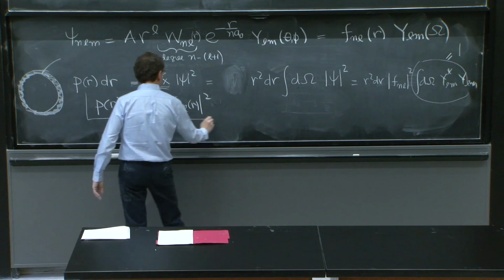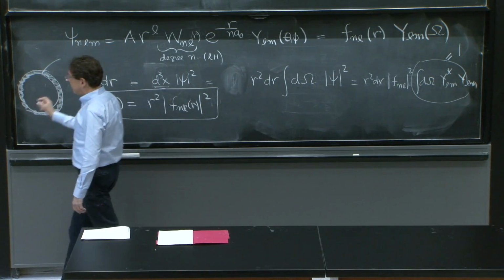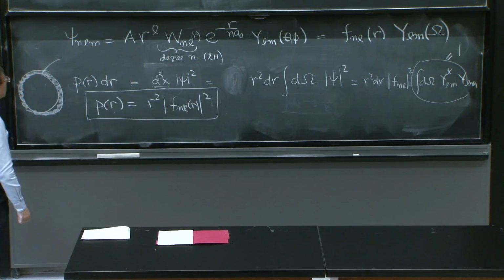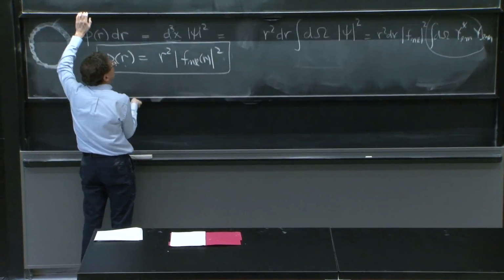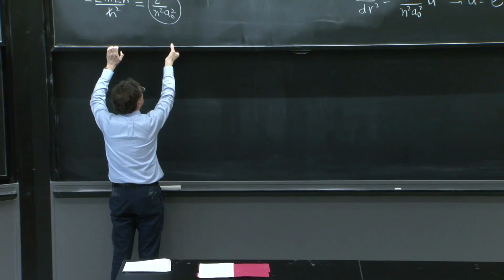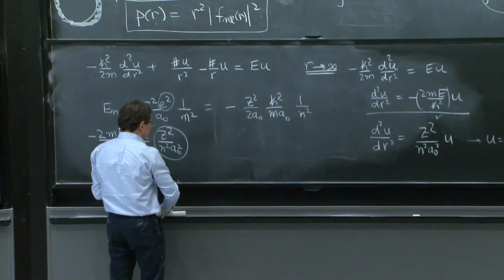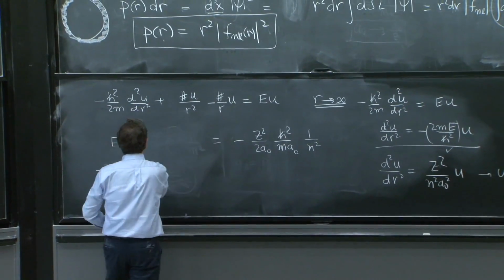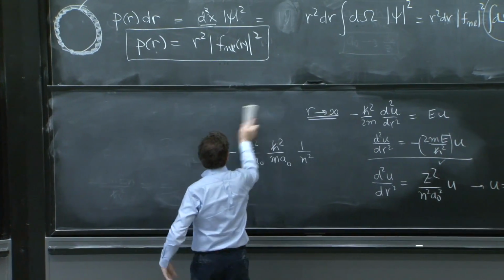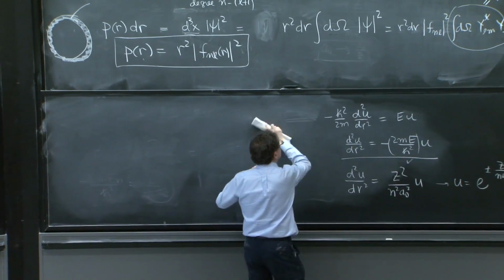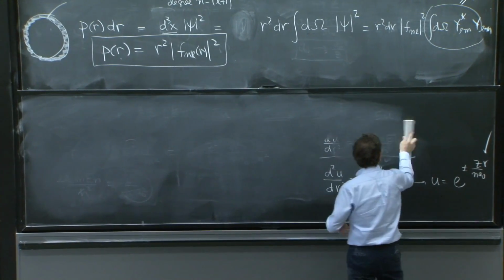Radial probability. So our mistake, or my mistake, must have been that I didn't include all that was relevant. The exponential is one part, but there is the polynomial, and the polynomial must be causing the trouble.